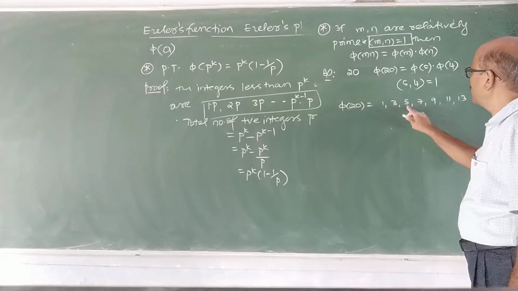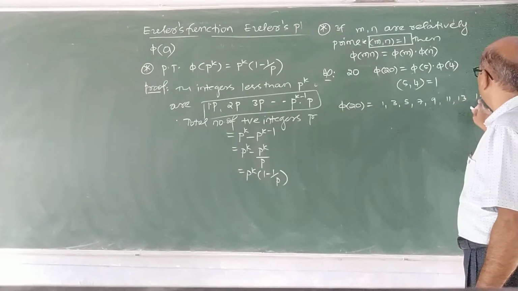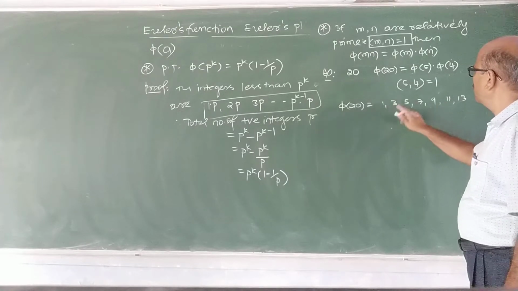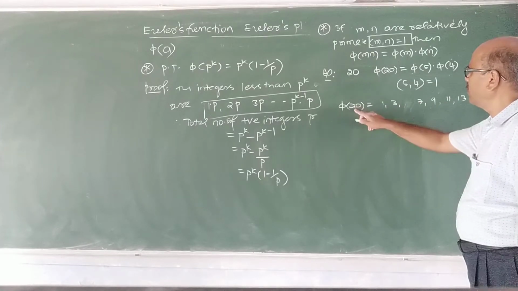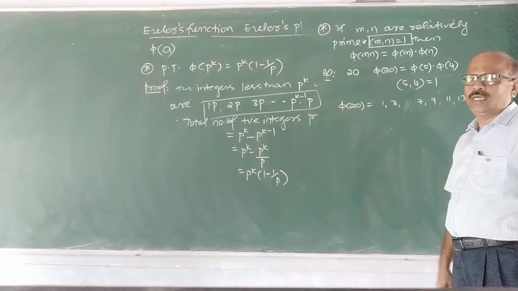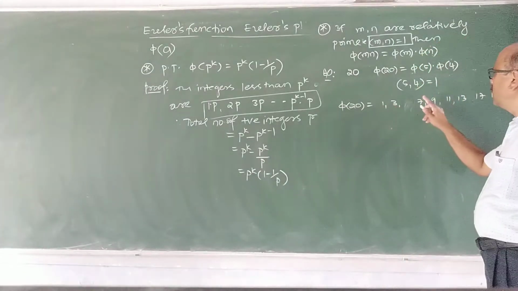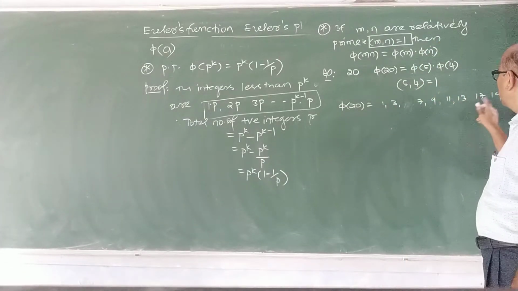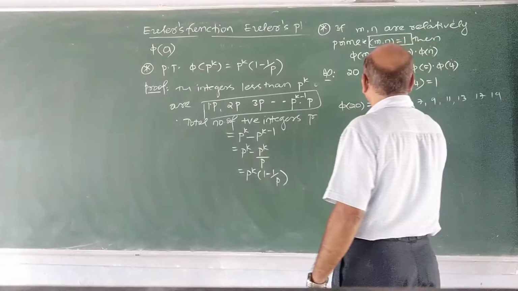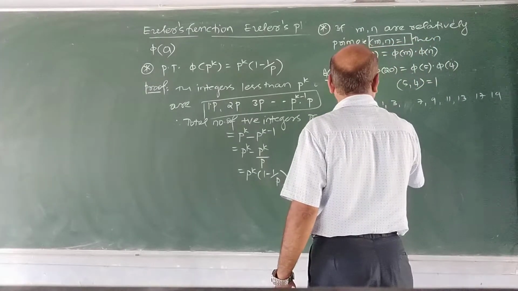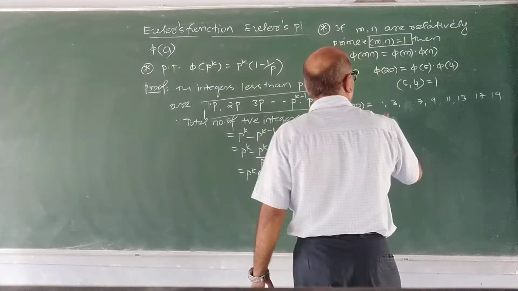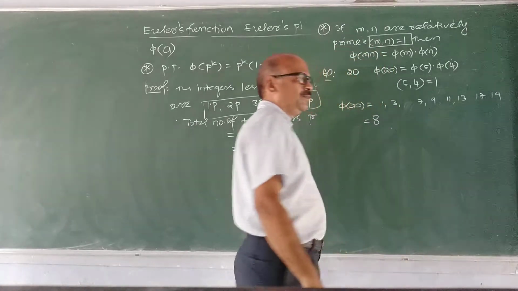How many are there? 8. So phi of 20 is 8.